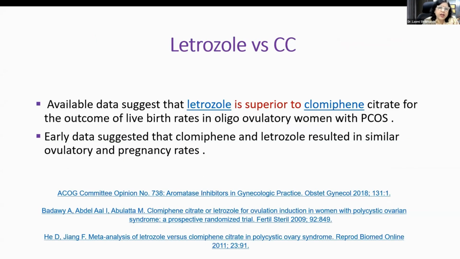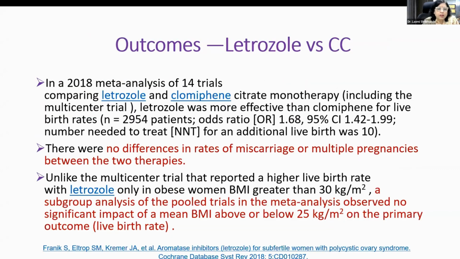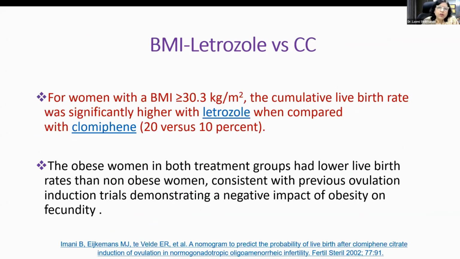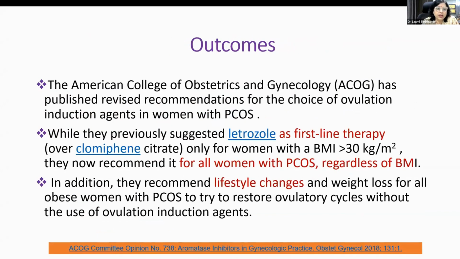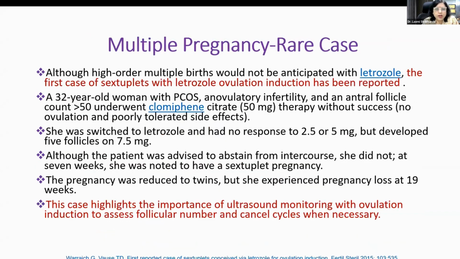So definitely there are various studies which have shown that letrozole is superior to clomiphene citrate as far as your live birth rates are concerned. For women who are having BMI more than 30, again, letrozole is preferred over clomiphene as an ovulation induction agent. Miscarriage rates are similar whether you are using clomiphene or letrozole.